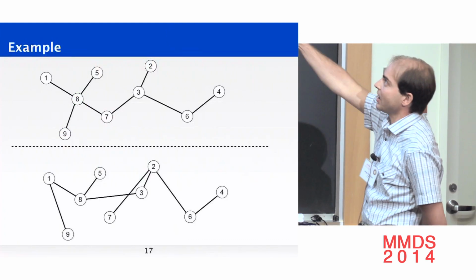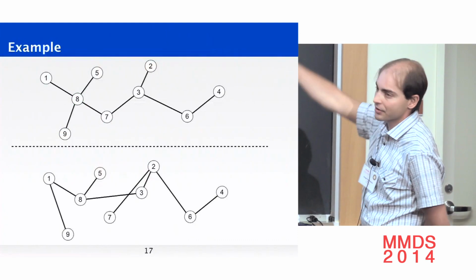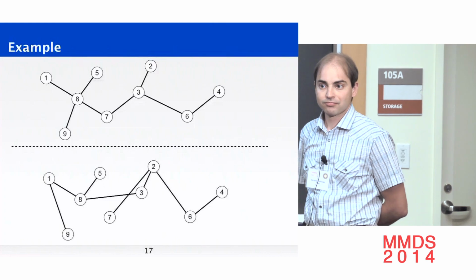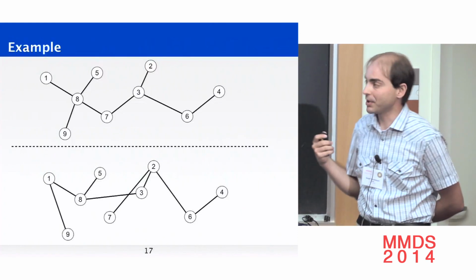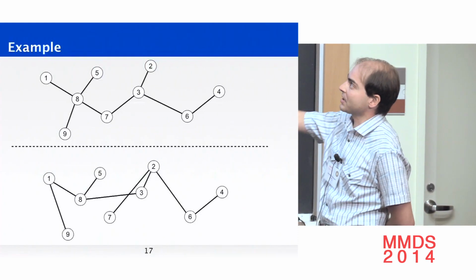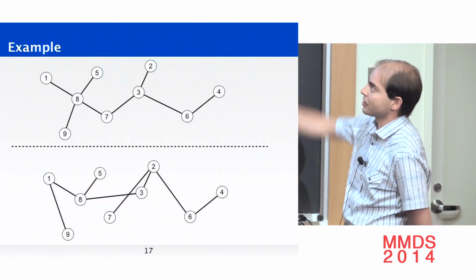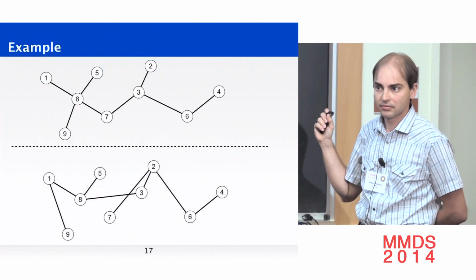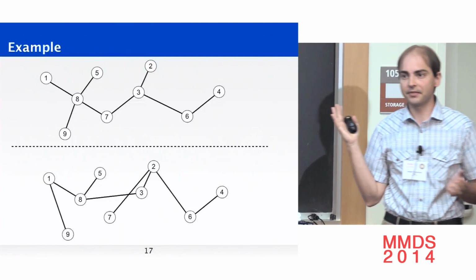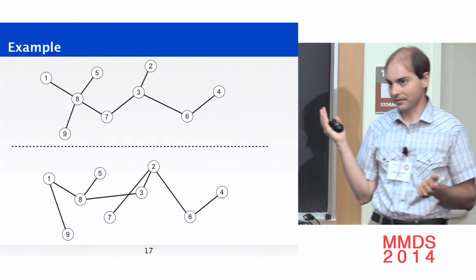Now you might ask, have we made any progress going from here to here? I'm going to say yes, otherwise we wouldn't be here. But before we make this progress, it's interesting to note that the graph remains connected. So I haven't changed the connectivity structure of the whole graph.